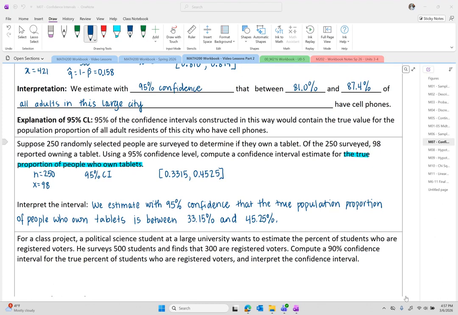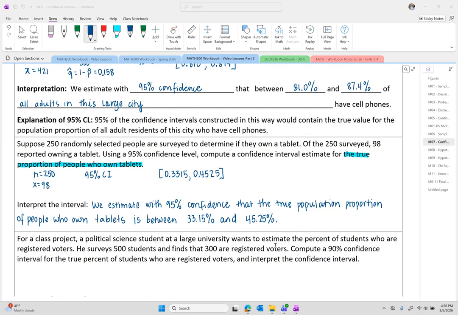So another way to say this statement, if you want to have things following your percentages, would be: we estimate with 95% confidence that between 33.15% and 45.25% of the people, of the population in this town or in this region or whatever the population is, own tablets.